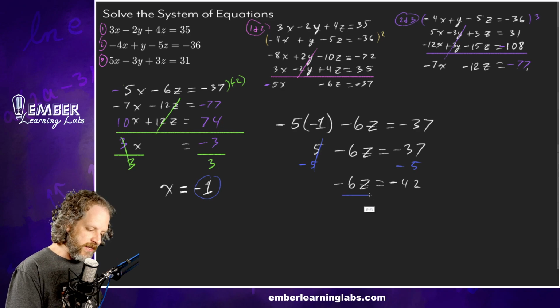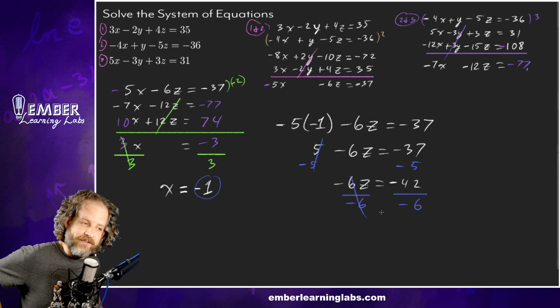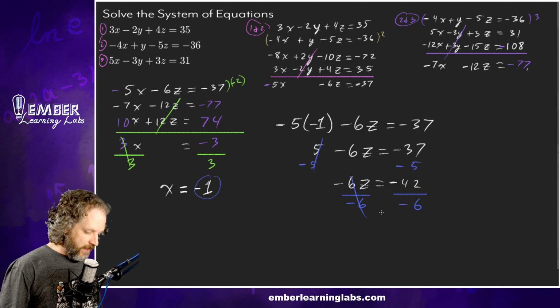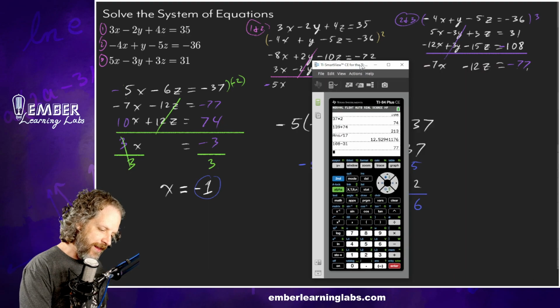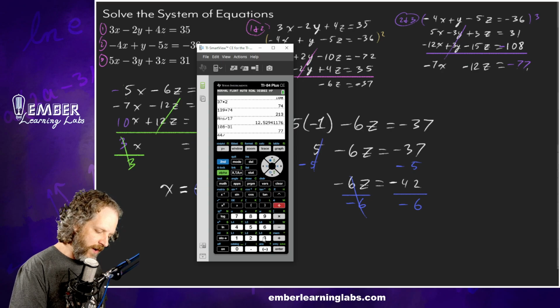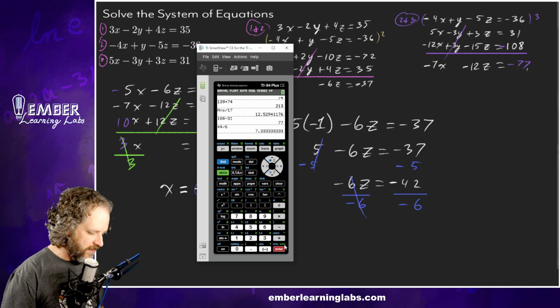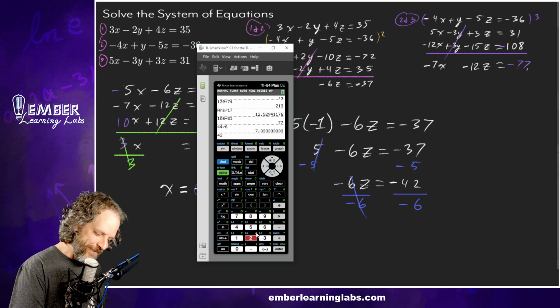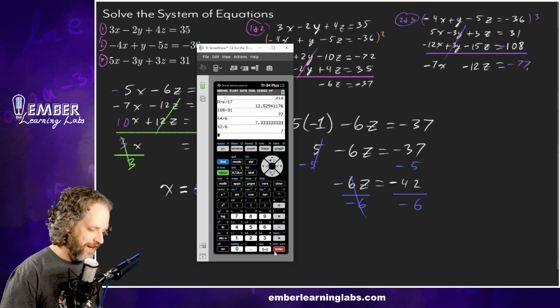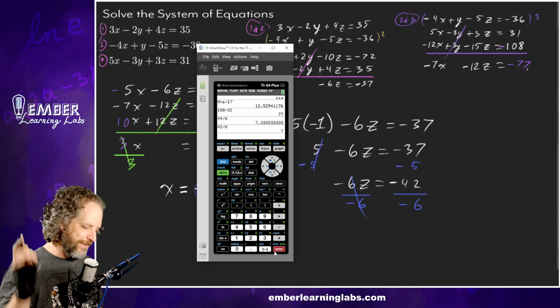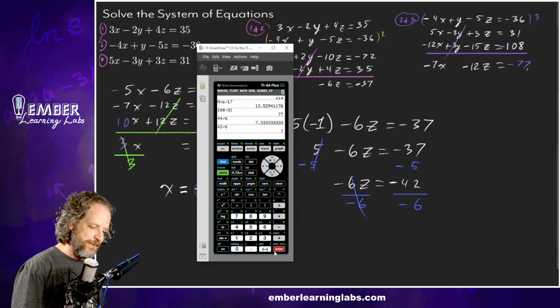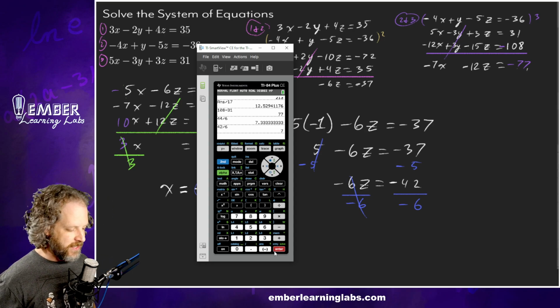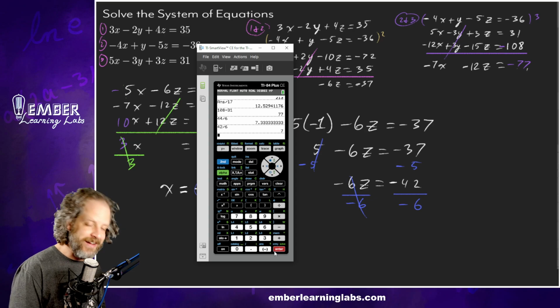My brain is telling me that's an easy math fact to do in your head. But honestly, as wacko as this has gone, I'm going to stick that in the calculator and double check that 42 divided by 6 is in fact 7.